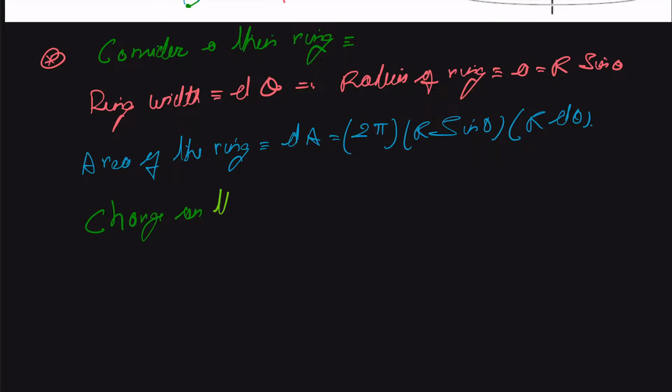Let us suppose that charge is dq, then dq will be the charge density multiplied by the area.